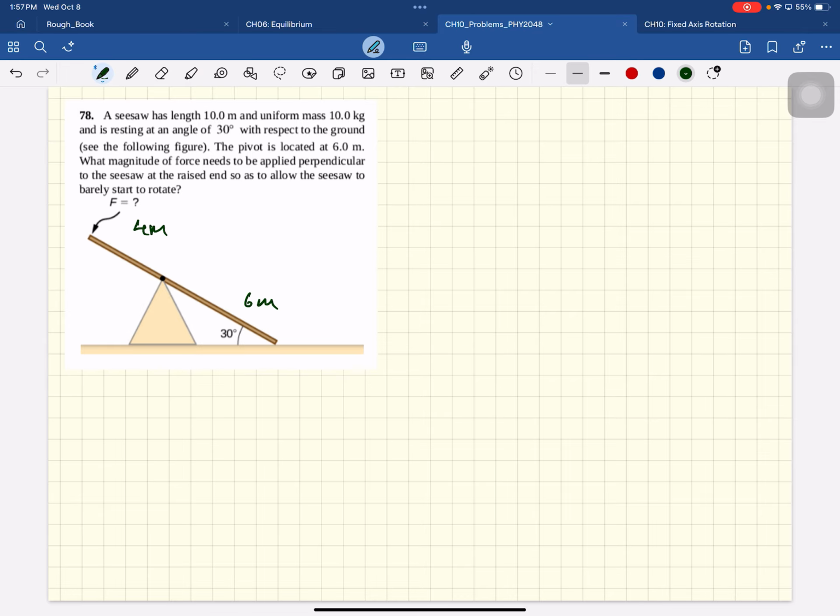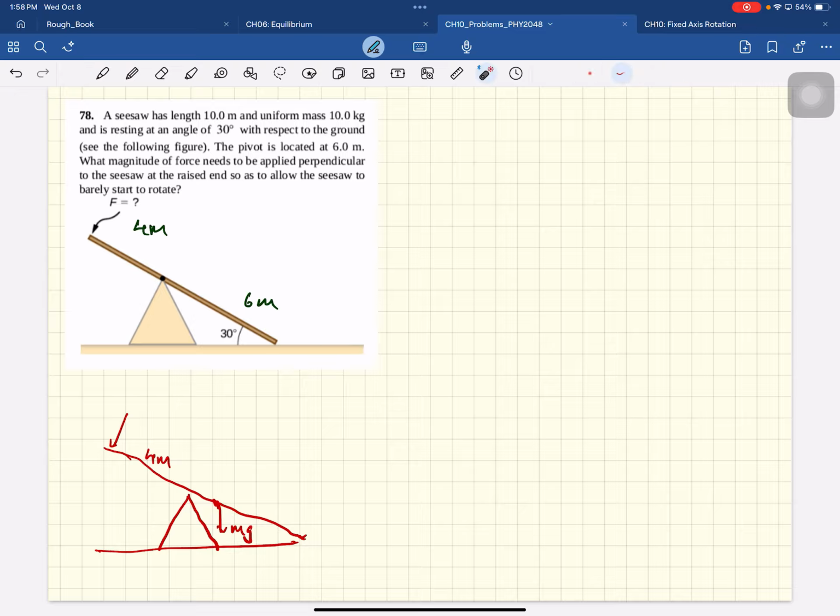Okay, so you're going to apply a force like that. This is 4 meters. And where is the center of gravity? The center of gravity is there, and that's where the weight of the seesaw is acting.